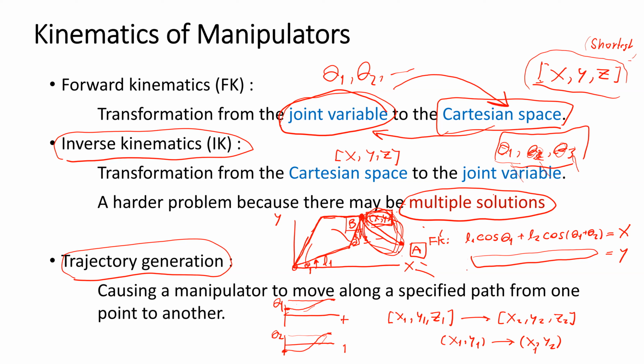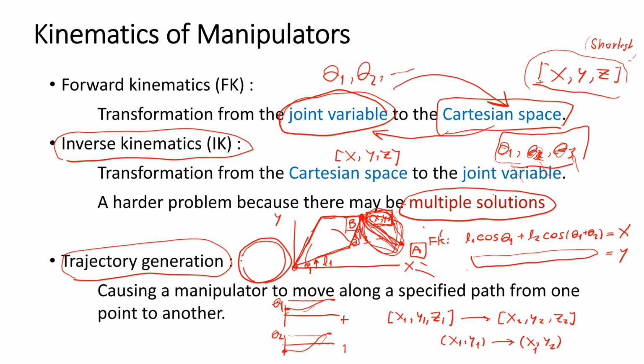So if we want it to move in a linear path, we have some theory, some mathematical tools, to generate the path of the theta so that in the real Cartesian coordinates, we can see the robot move as a line or as a curve where we constrain the radius of curvature, something like that. Until now, we only talk about the position.